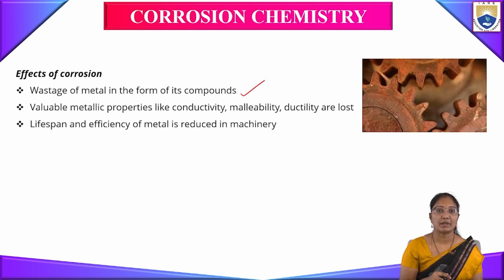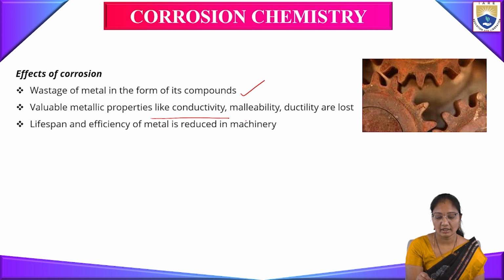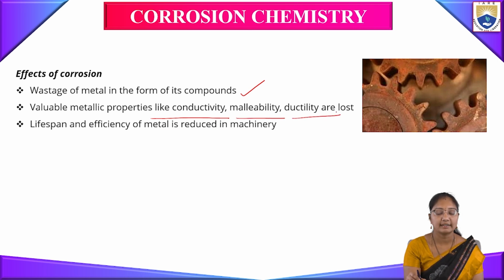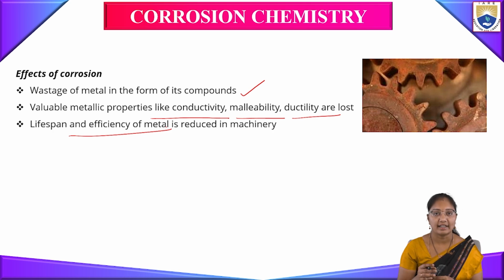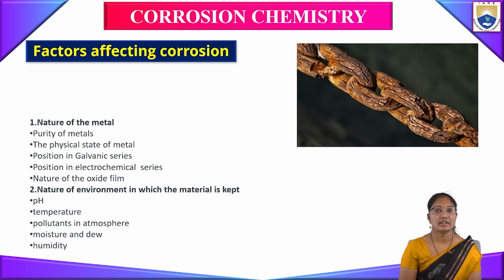The valuable metallic properties like conductivity, malleability and ductility are lost. Due to this corrosion, the metal loses its unique properties. And also the lifespan and efficiency of the metal in machinery are reduced because of this corrosion.